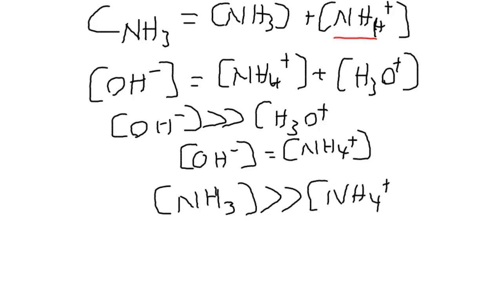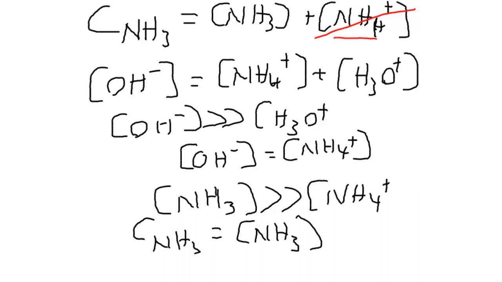And so we can essentially get rid of that. And we can just say that the equilibrium concentration of ammonia is approximately equal to the initial concentration of ammonia. Okay, we now have 4 equations for 4 unknowns, so we can go ahead and solve.